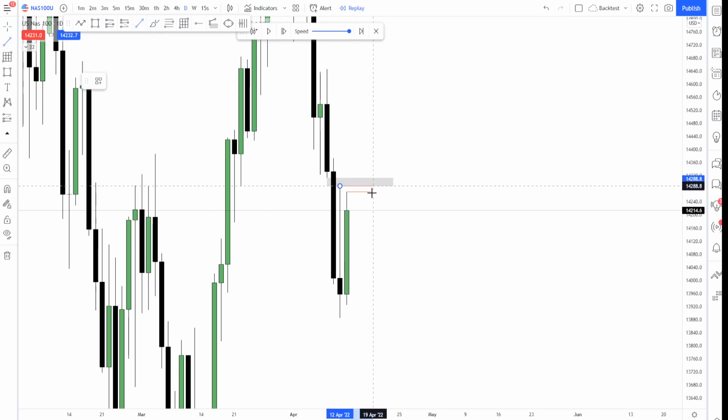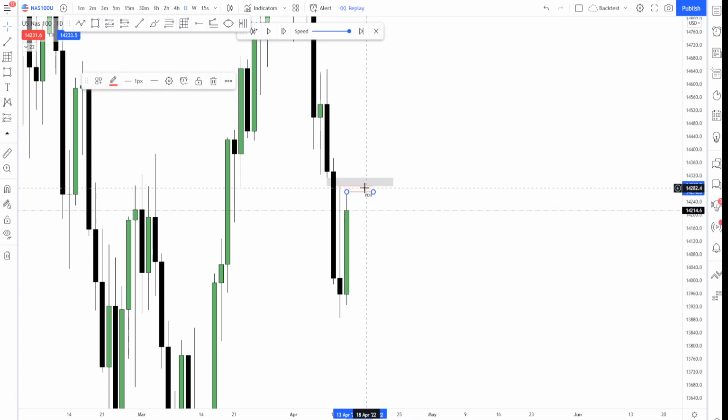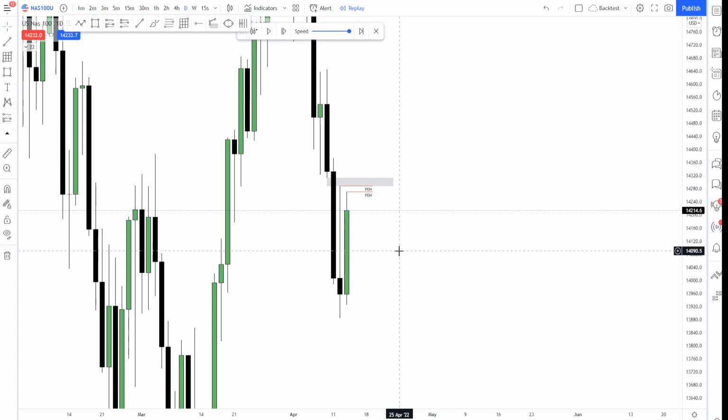Here's our liquidity, the previous daily high, and the other one's also a previous daily high from 2 days ago.